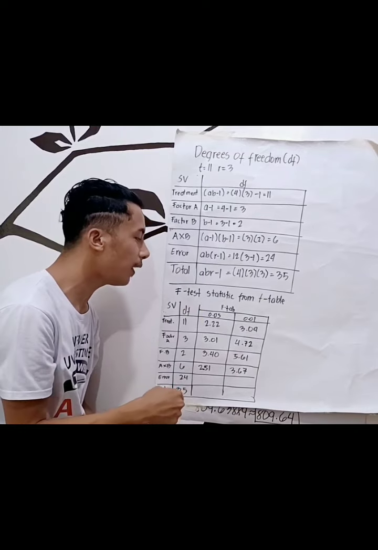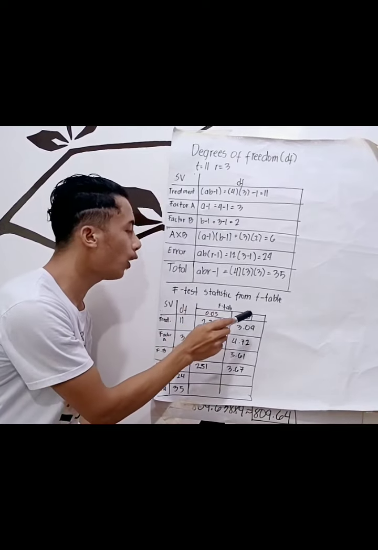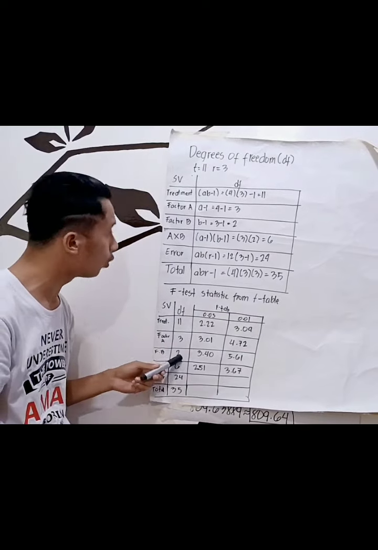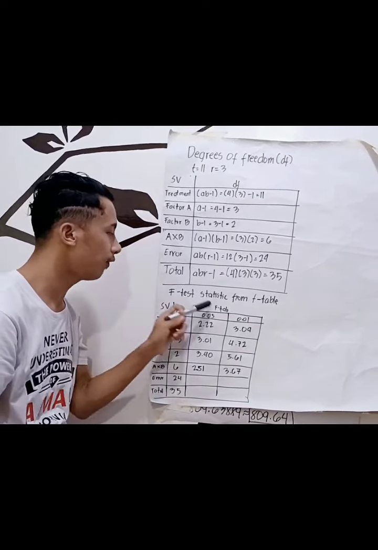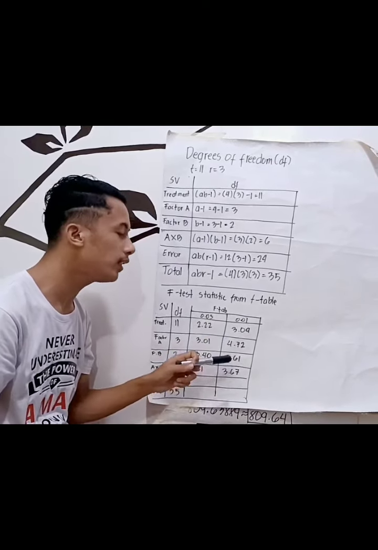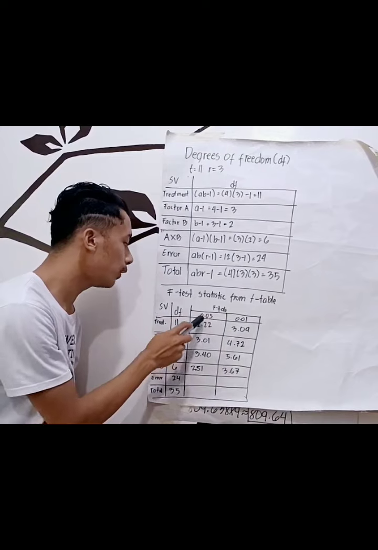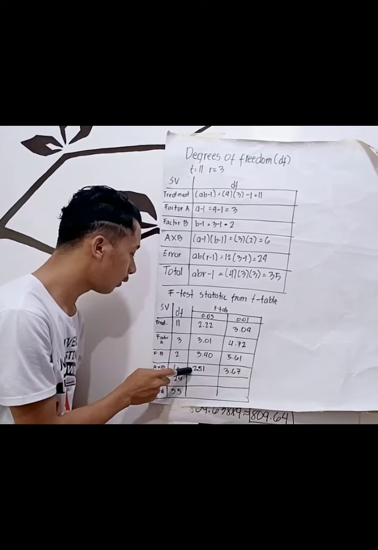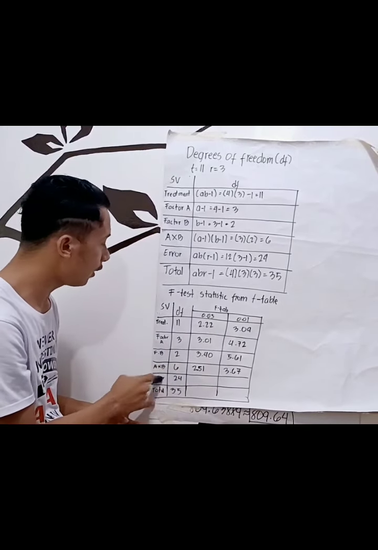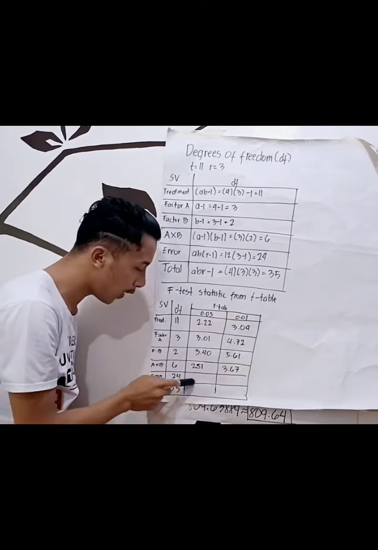At 0.05 it is 3.01, and at 0.01 it is 4.72. For factor B, the DF is 2. At 0.05 it is 3.40, and at 0.01 it is 5.61. For A times B, the DF is 6. At 0.05 it is 2.51, and at 0.01 it is 3.67. For the error, the DF is 24, and for the total it is 35.